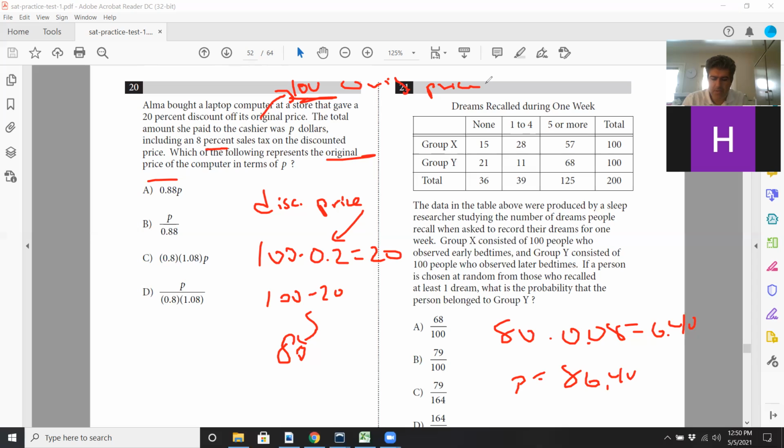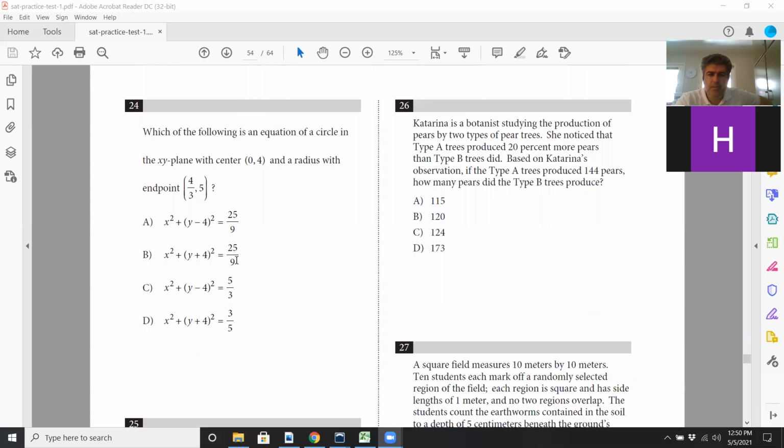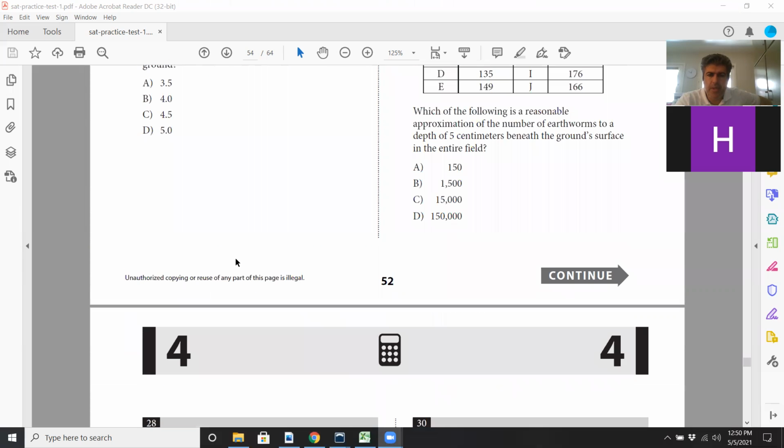No, so let's try D. Yep, it's D. So that's that one. That's also a good strategy, like plugging in numbers.